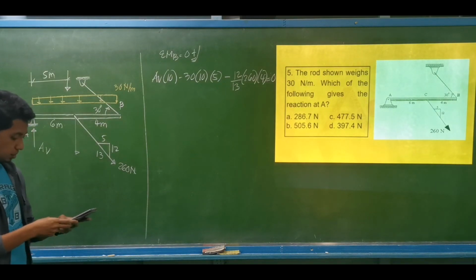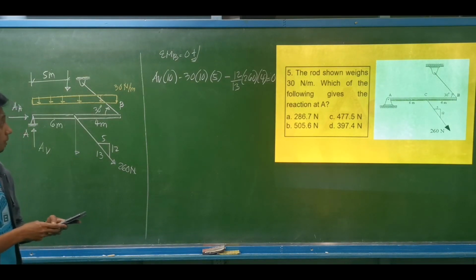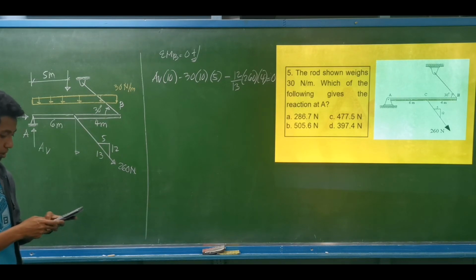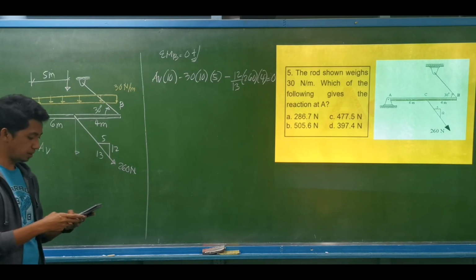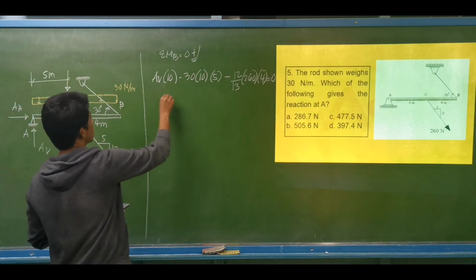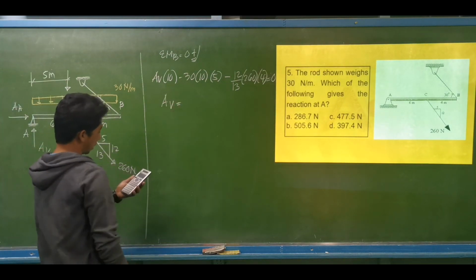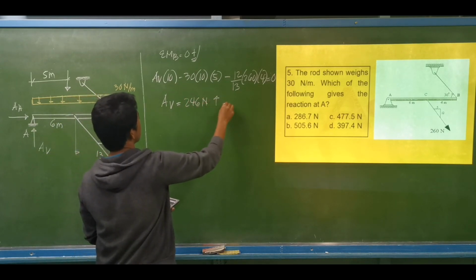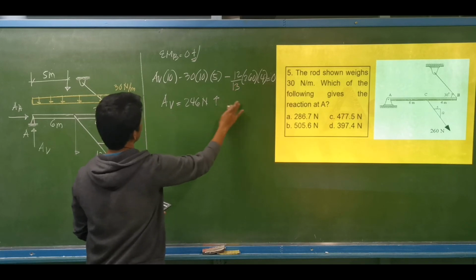So A vertical equals 30 times 10 times 5 plus the 12 over 13 of 260 multiplied by 4, then divided by 10. So we have the vertical reaction A vertical, since it is positive, correct assumption, equal to 246 newtons, and its direction is upward.